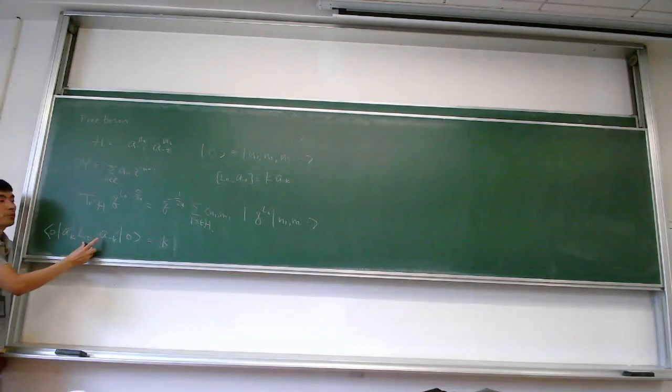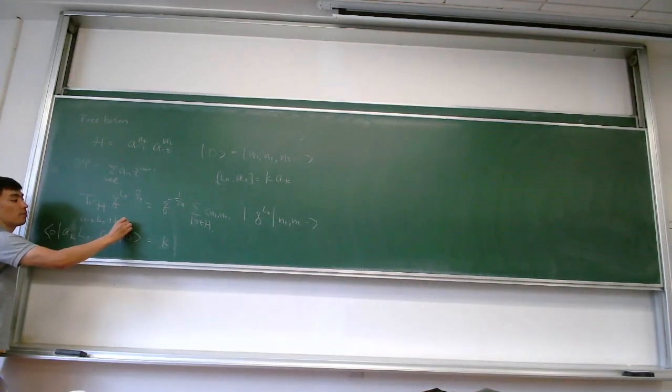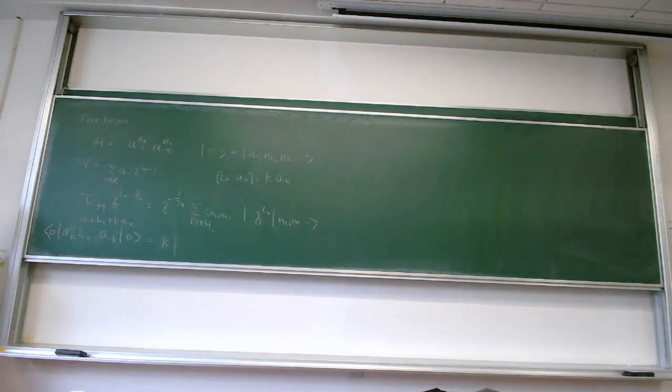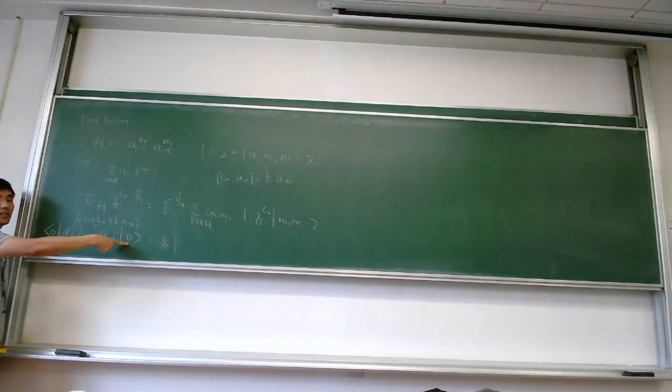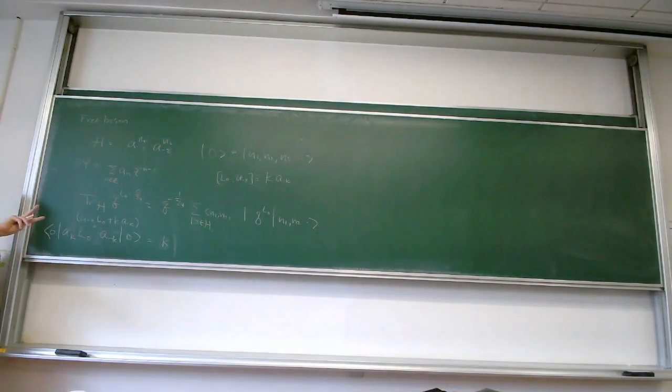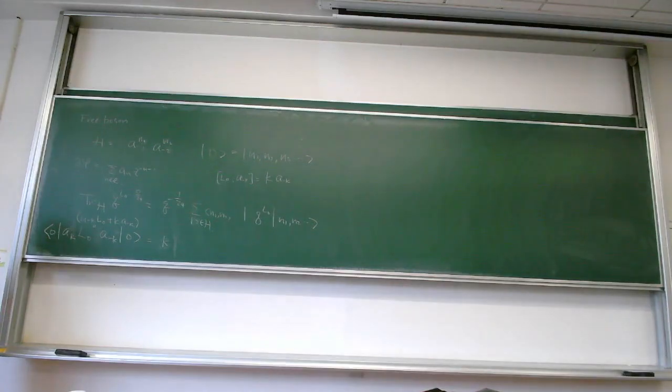If you commute L0 and a minus k, you get k times a minus k, so L0 a minus k equals a minus k L0 plus k a minus k. And then L0 annihilates the vacuum, and you do the commutation relation with a k and a minus k. Then you get the k here.